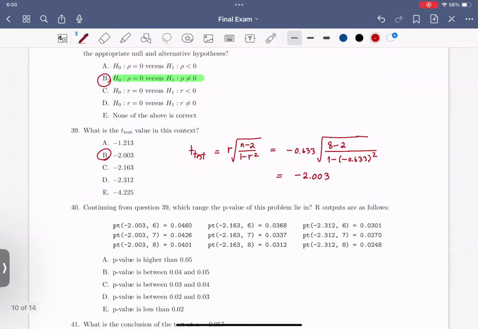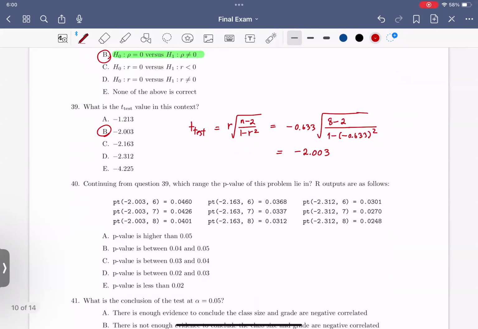All right. Continuing from question 39, which range does the p-value of this problem lie in? Of course, if you have the t-test equal to minus 2.003, the degrees of freedom that you're going to use here is going to be 6, right?